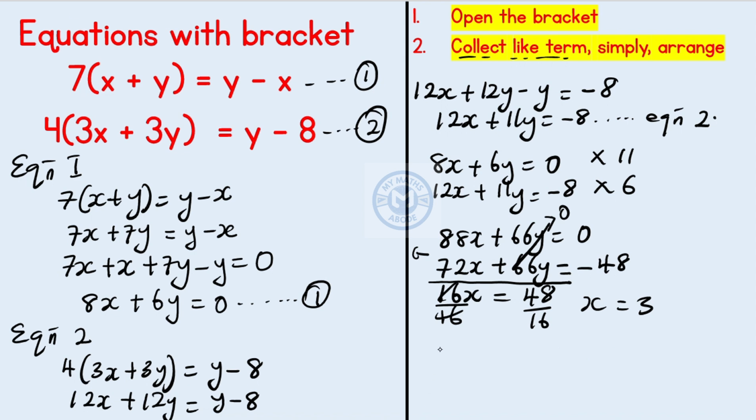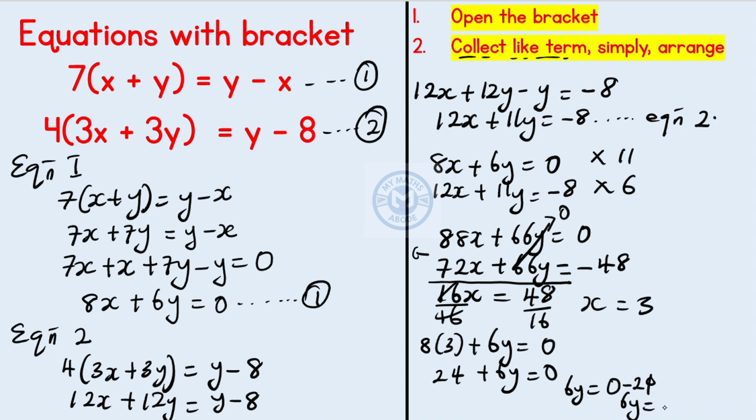So I'm going to substitute the value of x in either equation 1 or equation 2. I prefer equation 1. So this will be 8 multiplied by 3 plus 6y is equal to 0. So this will give me 24 plus 6y is equal to 0. Collecting like terms, I will have 6y is equal to 0 minus 24, which will give me negative 24.